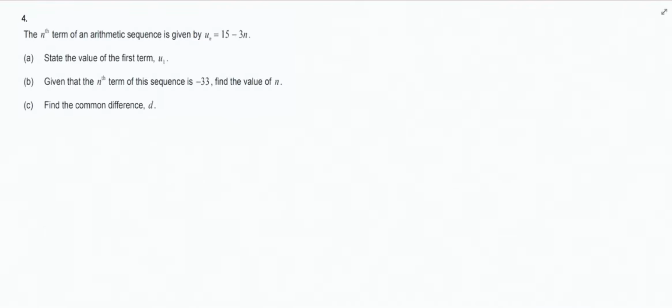Number 4 says the nth term of an arithmetic sequence is given as un equals 15 minus 3n, and part A says state the value of the first term u1. Let's plug n equals 1 in this formula. So u1 equals 15 minus 3, and the answer will be u1 is 12. For B, it says the nth term of the sequence is minus 33, so we have to find the value of n.